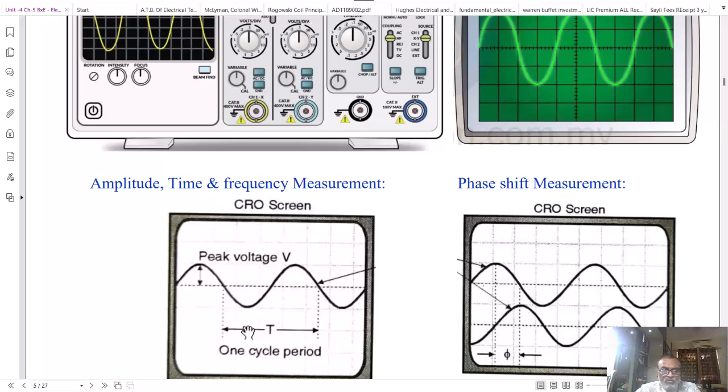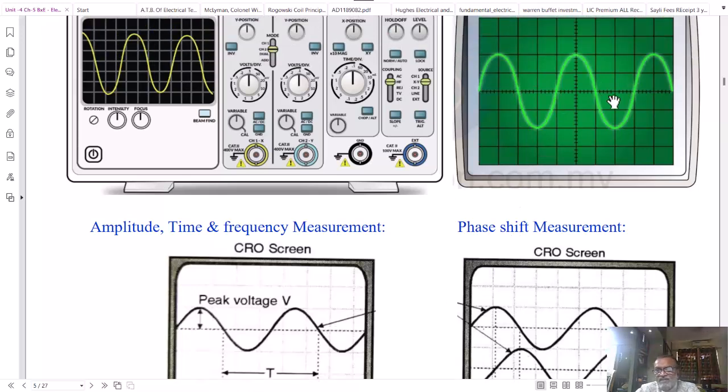If you want to measure the time, then we can measure the time between two zero crossings in a cycle, and that will be the time period. Here we will measure the number of divisions horizontally, including subdivisions also.